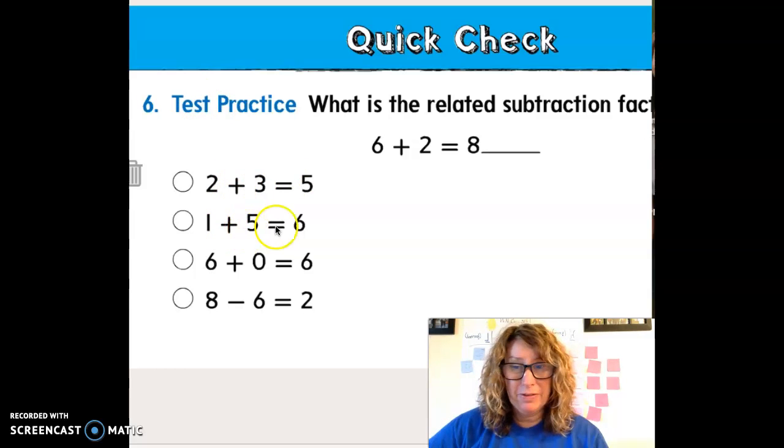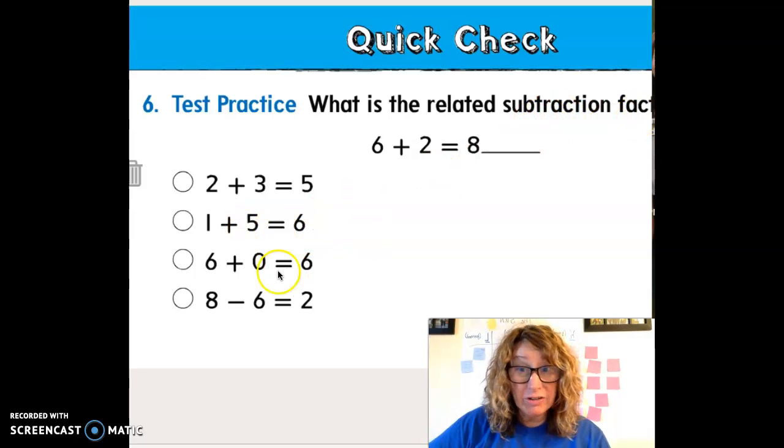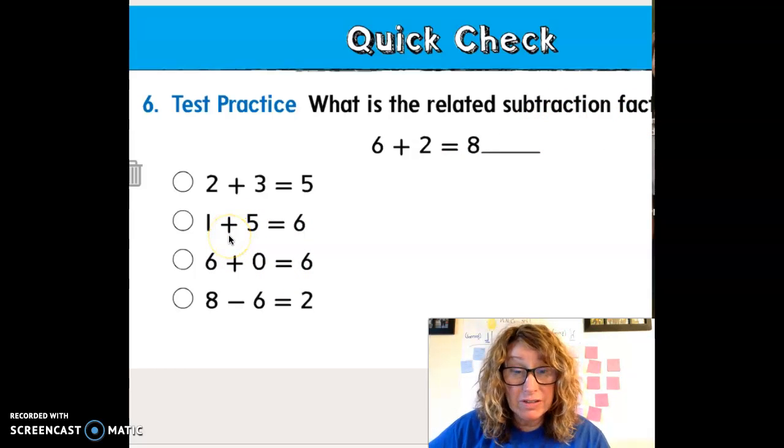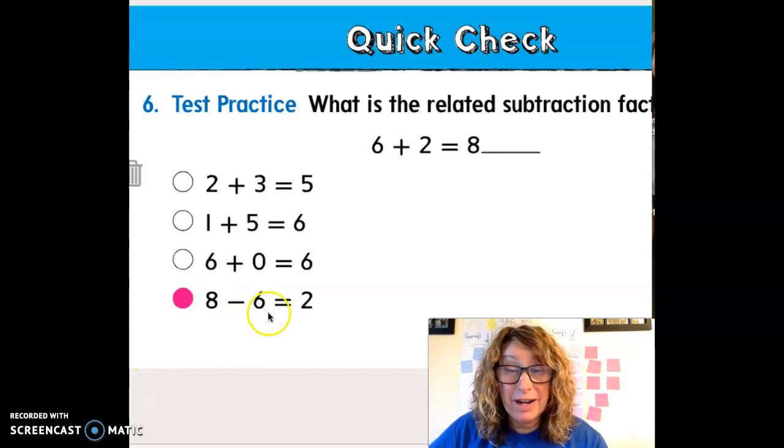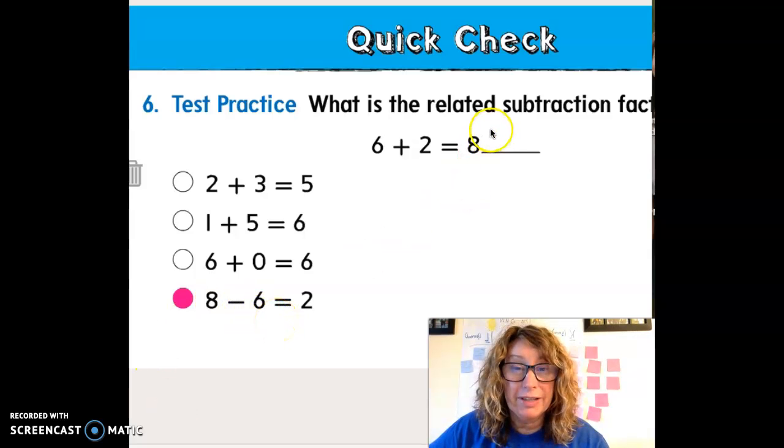Would it be 1 plus 5 equals 6? That's not even a subtraction fact. I see an addition sign there. 6 plus 0 equals 6. Is that related? Or 8 minus 6 equals 2. Which one is using the same 3 numbers? Yes, 8 minus 6 equals 2 is related to 6 plus 2 equals 8.